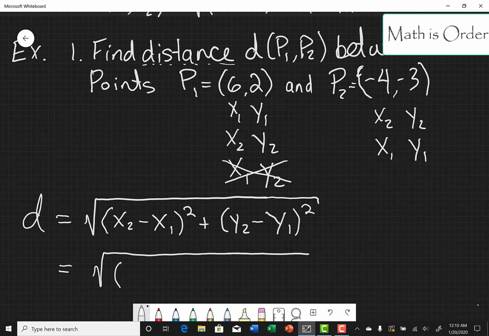So x2 we said here is -4. Minus, because there's a minus in the formula itself. And then x1 was 6. y2, -3. Minus from the formula. And then y1 is 2.